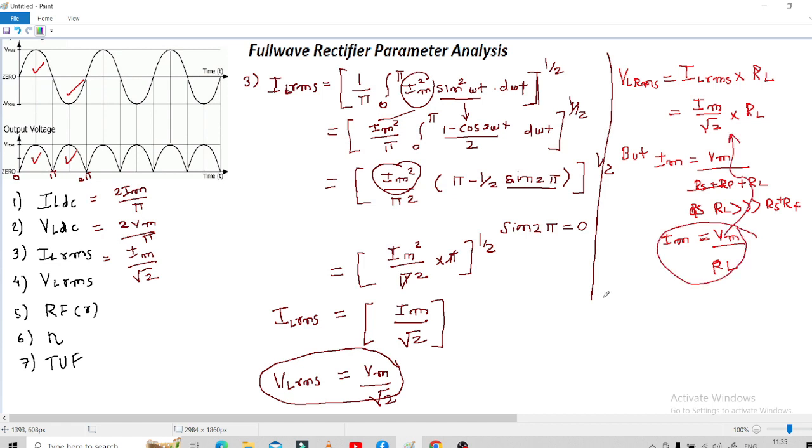Just substituting this, V_L RMS is Vm by RL into root 2 into RL. This and this get cancelled, so V_L RMS equals Vm upon root 2. So you are getting the same equation as over here.